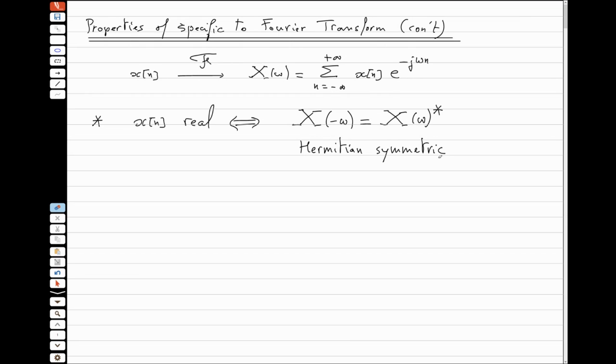Hermitian from Mr. Hermite, original pronunciation, Mr. Hermite. He actually was an alumnus of my own school, probably 2 or 3 centuries ago. Actually, to tell you the truth, even Fourier was an alumnus of my school. Either alumnus or professor, I forgot. One of the two.